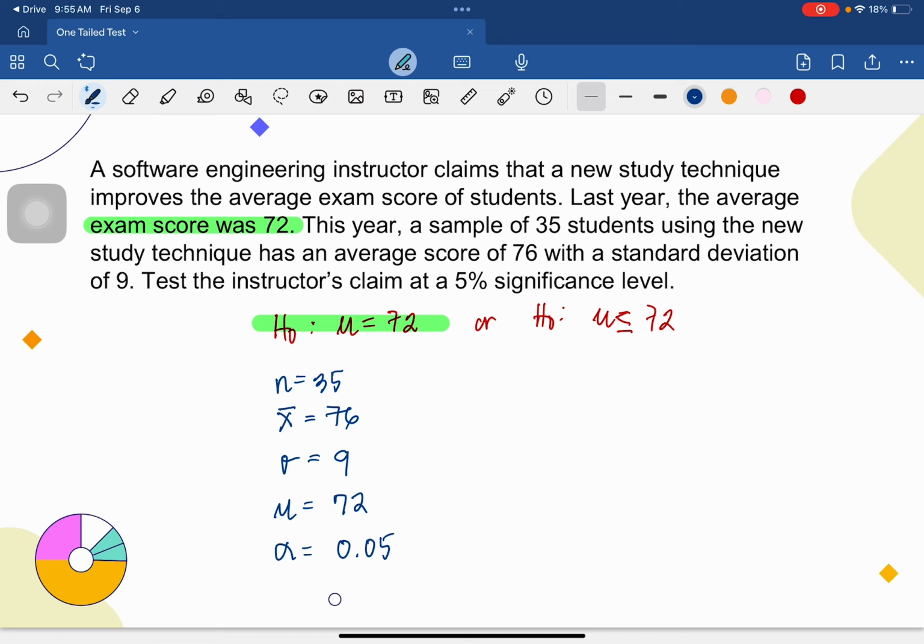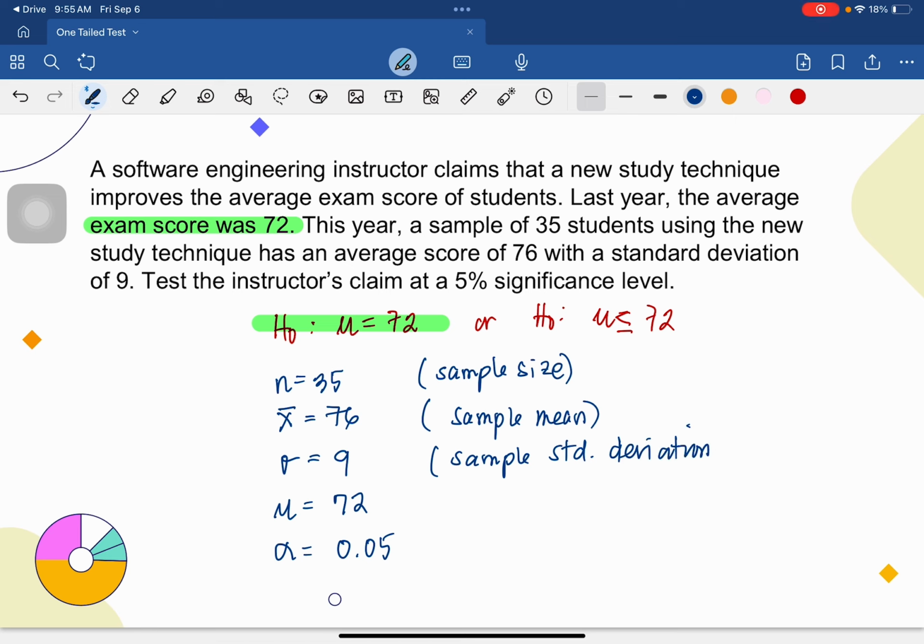So for reference, we can see that this is the sample size, so that we have a reference when going back to the video. This is the sample mean. And then this is of course the sample standard deviation. And then this is the population mean.